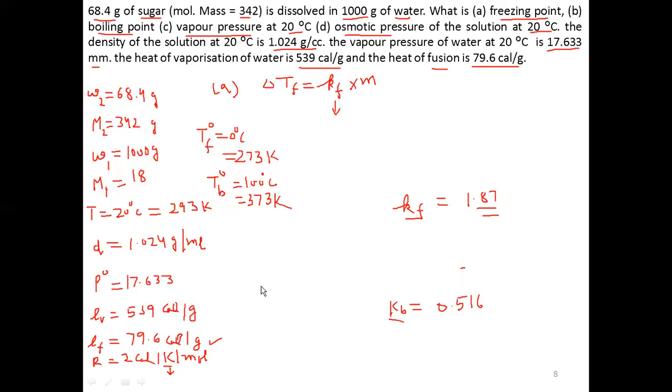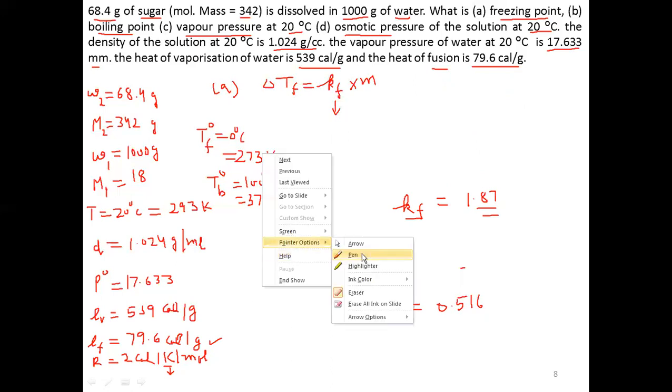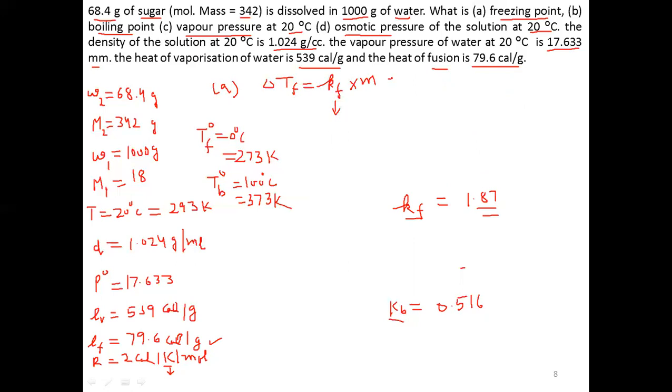Now let us calculate delta TF. Delta TF is KF, 1.87, into molality. Molality means the weight of solute, 68.4, divided by its molecular weight, 342, into weight of solvent, which is 1 kg, so 1000 by 1000.